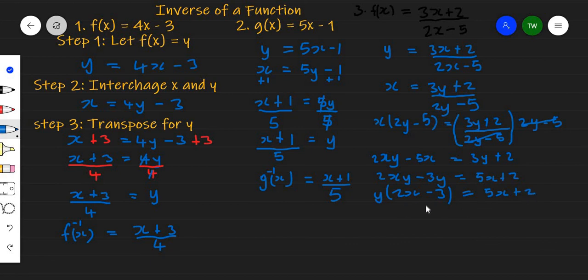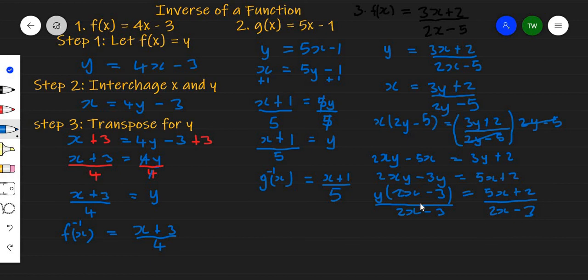In order to get y by itself, I'm going to divide both sides by what's inside of the bracket. So I'm going to divide this side by 2x minus 3. I'm also going to divide this side by 2x minus 3.